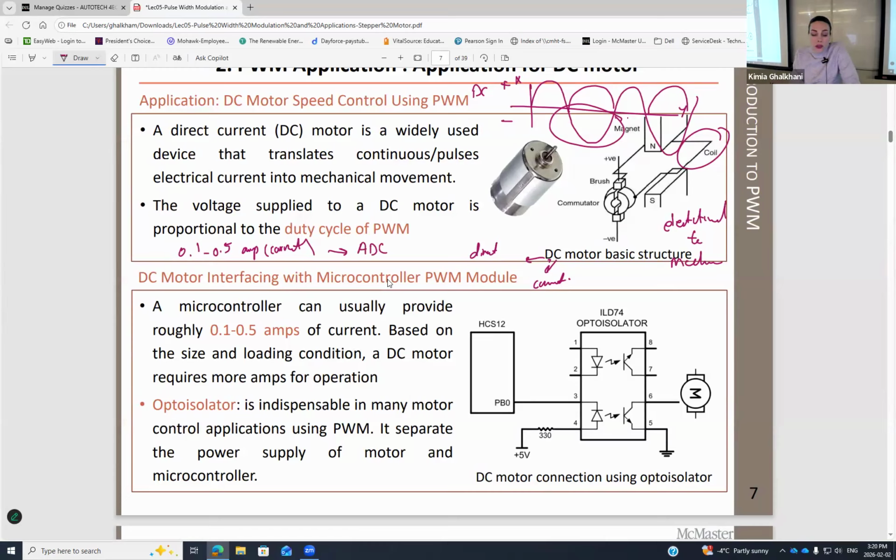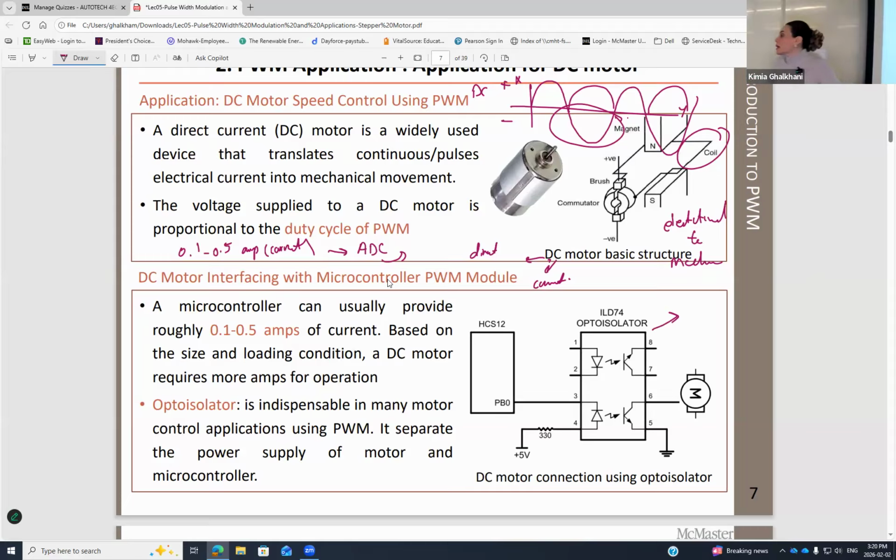Interface means you are going to look at the size of the motor and consider some time for it. That's why I'm going to get you to become very familiar with a new device tomorrow called the opto-isolator. Remember I said the DC motor by itself doesn't have the option to change the direction of rotation.